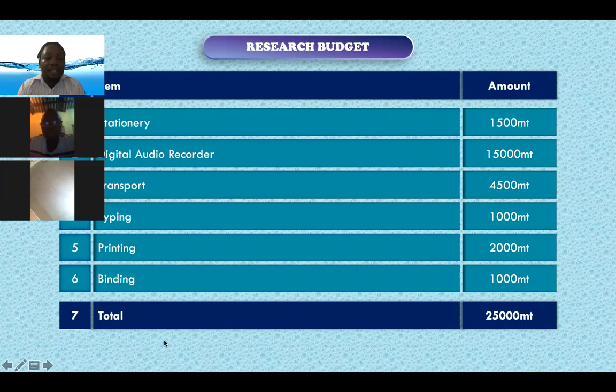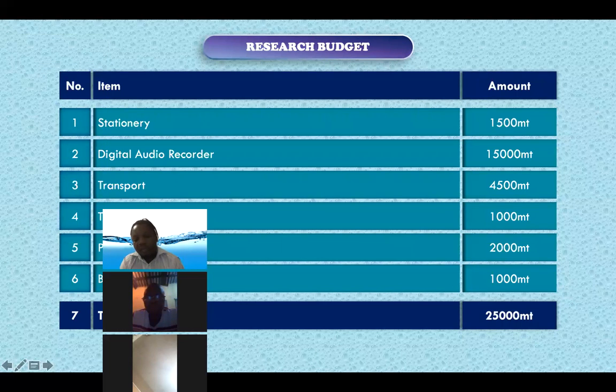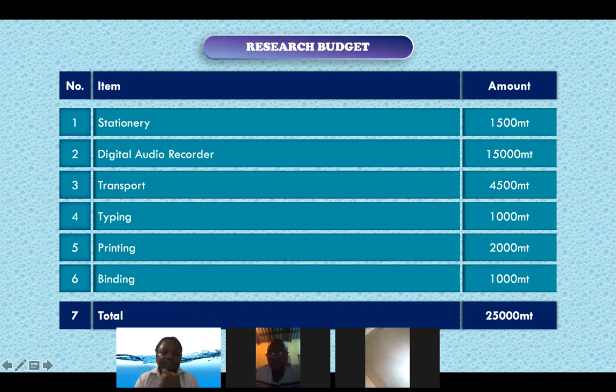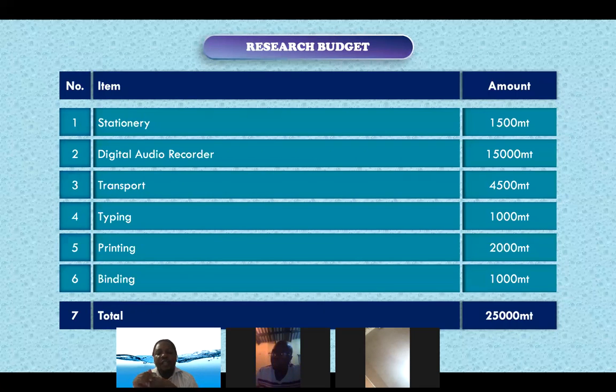All right, so here we have the budget. We also need to have a budget, because when you do research, you need to have money to pay for certain services.